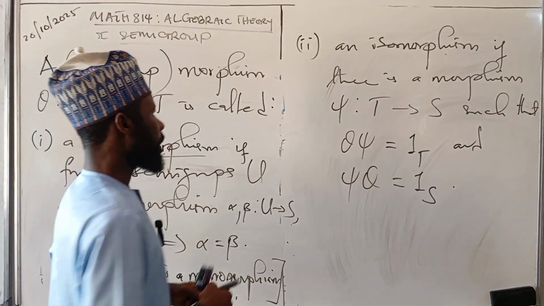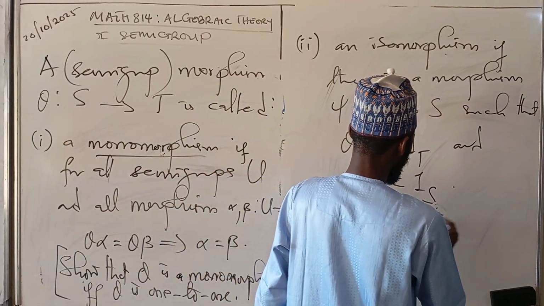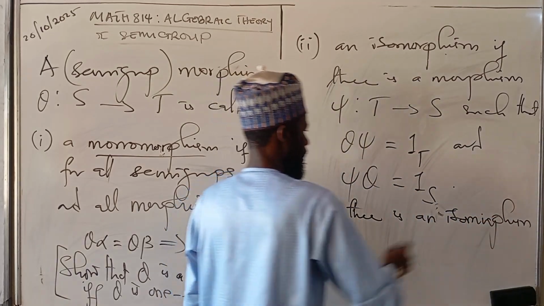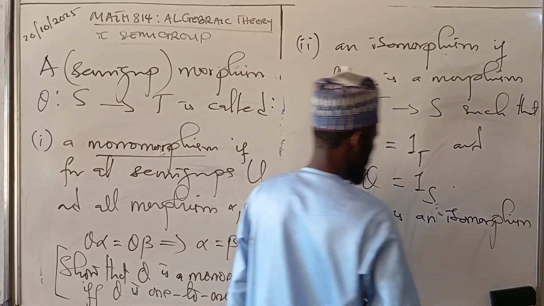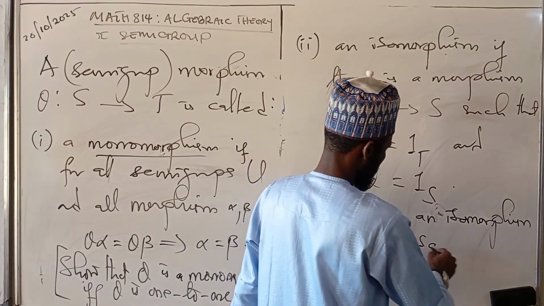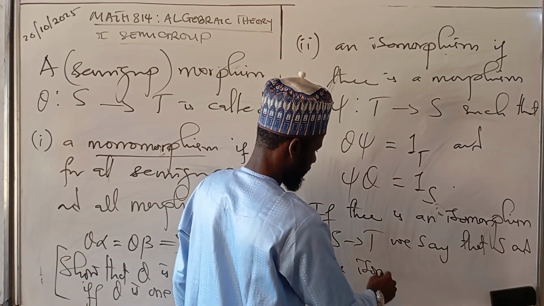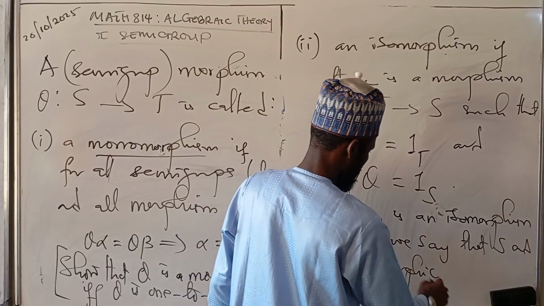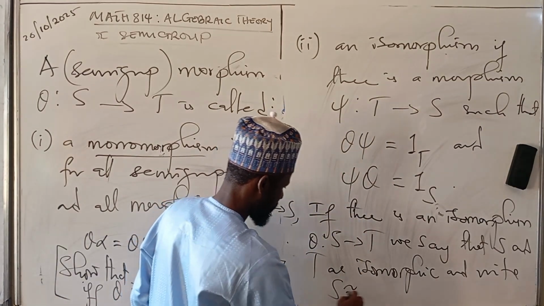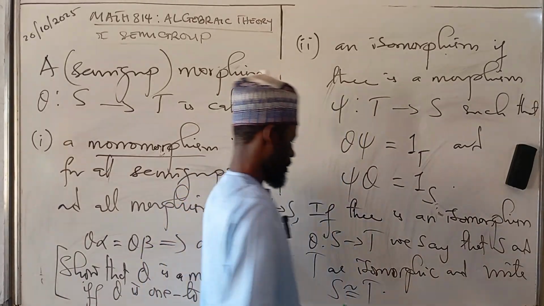Now, if there is an isomorphism theta from S to T, we say that S and T are isomorphic and write S is isomorphic to T. So this is what we write.